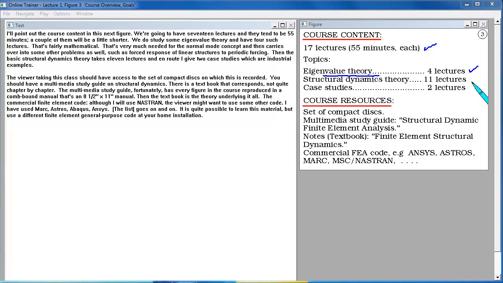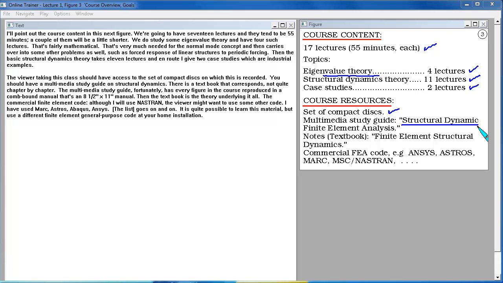Then the basic structural dynamics theory takes 11 lectures, and en route I give 2 case studies, which are industrial examples. The viewer taking this class should have access to the set of compact discs on which this is recorded. You should have a multimedia study guide on structural dynamics.